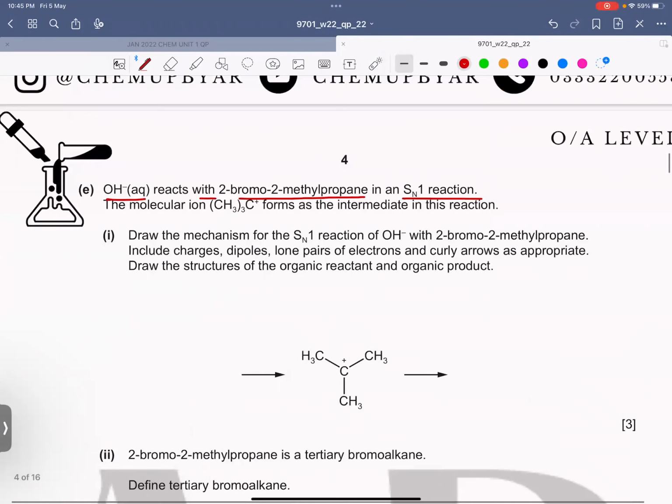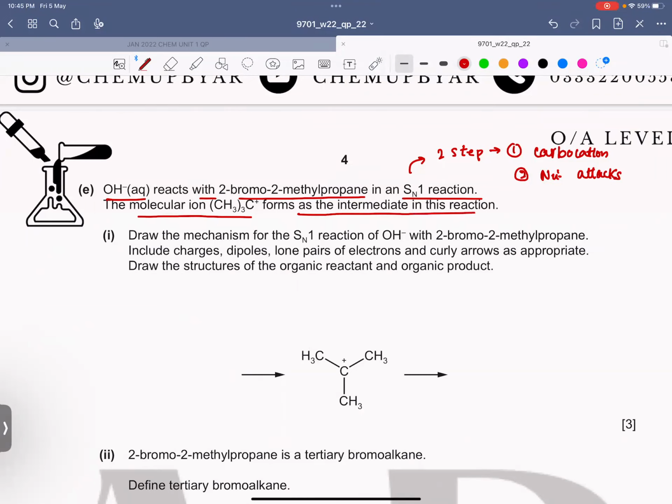And if you recall the SN1 reaction, it is a 2-step reaction in which the first step is the formation of a carbocation, and in the second step, the nucleophile attacks. The carbocation forms as an intermediate in this reaction. Draw the mechanism for the SN1 reaction of hydroxide ion with 2-bromo-2-methylpropane.